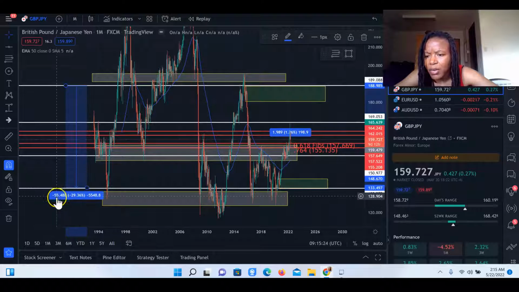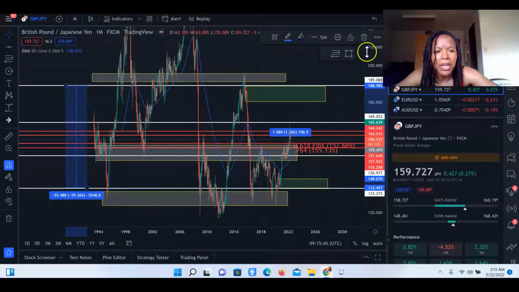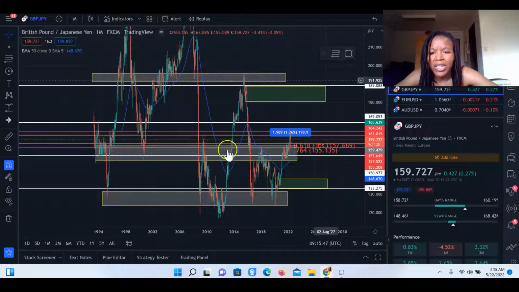That range is roughly $55, and I divide it by 3. So I take this line, divide that by 3, add that to it, then do another divide by 3, and so on. So you get 3 equal lines. And that is just the playing field that I like to look at.